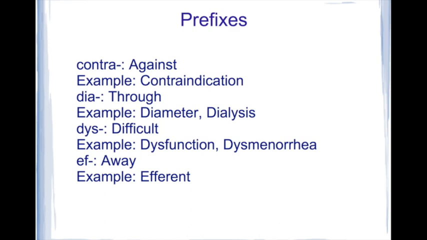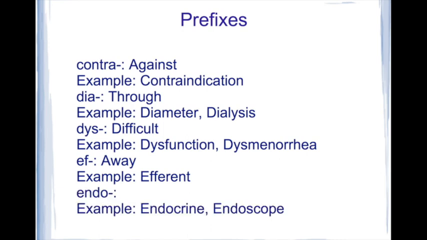Okay, endo, like endocrine or endoscope. Endocrine glands secrete hormones, right? They secrete them where? What makes them different than exocrine glands? These are called endocrine glands because they secrete their hormones within a structure, like the bloodstream.